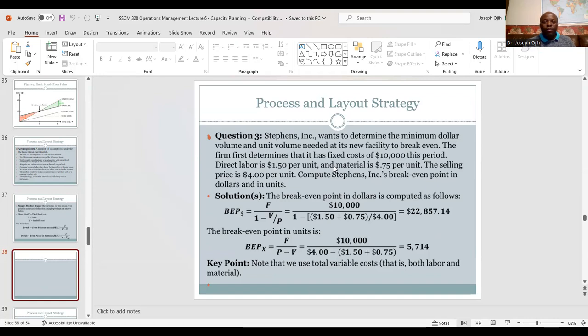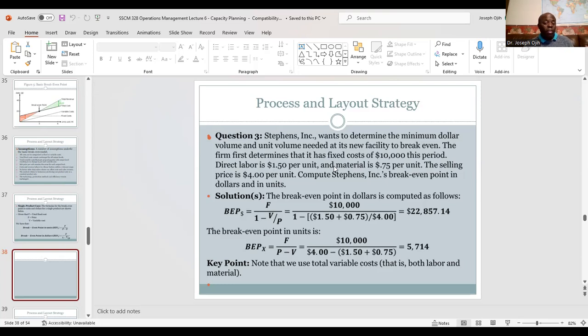The firm first determined that it has a fixed cost of $10,000 this period. The direct labor cost is $1.50 per unit, and the material cost is 75 cents per unit. The selling price is $4 per unit. Compute Stephen Incorporated's break-even point in dollars and in units.